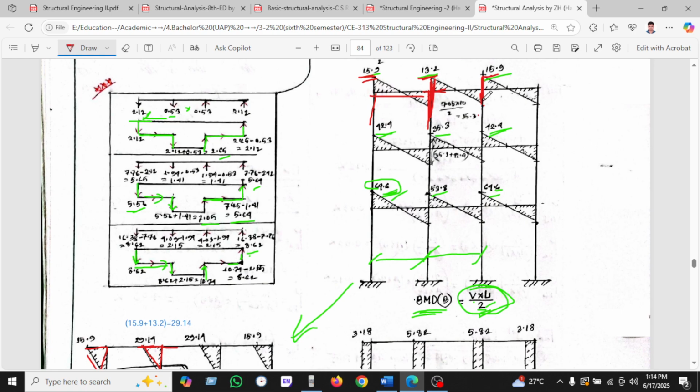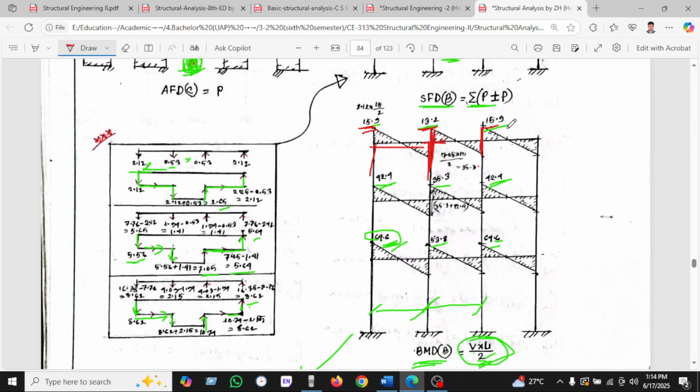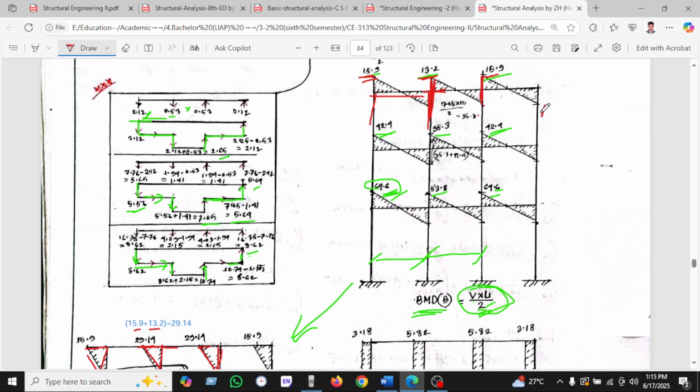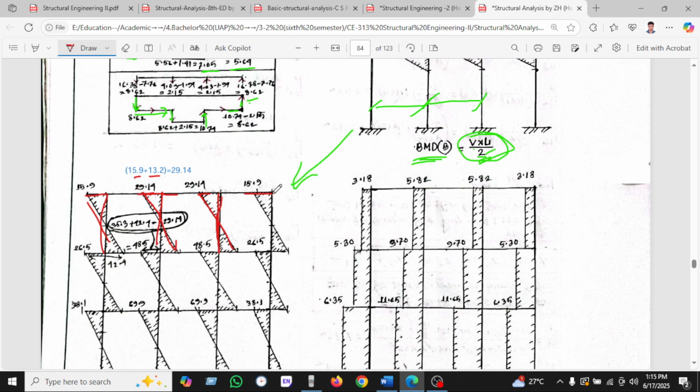This is the total moment, so it will be taken in this column. If we sum the 15.9 and 13.2, it will be 29.4. It is taken by this column. Okay, the last one we have seen, this 15.9 is only imposed in this column. That's why 15.9 will be imposed on the column.